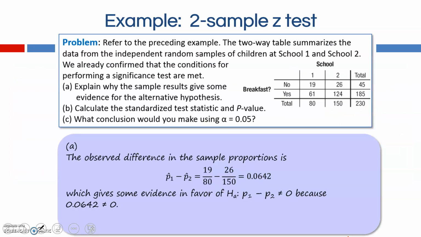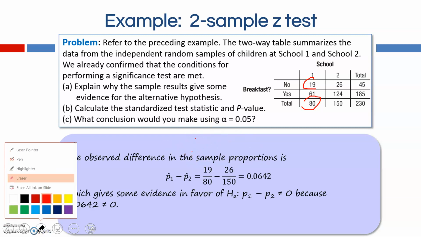If you notice, 19 out of 80 is roughly 23.75%, or in other words, 0.2375.